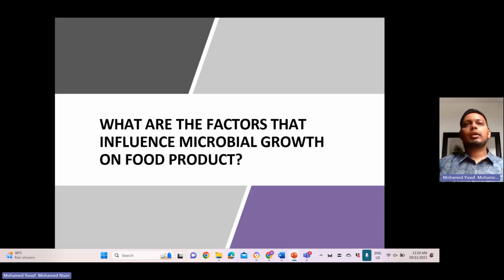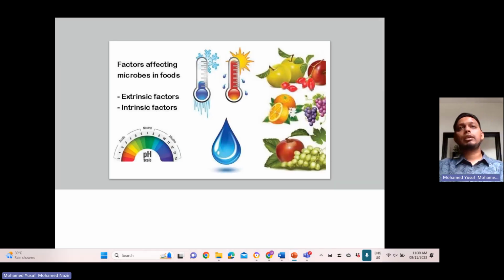Now we want to see what the factors are that influence microbial growth on food products. I mentioned earlier there are two factors: extrinsic factors, also known as external factors that affect the growth of the microbe, and intrinsic factors, which are inherent to the food itself.